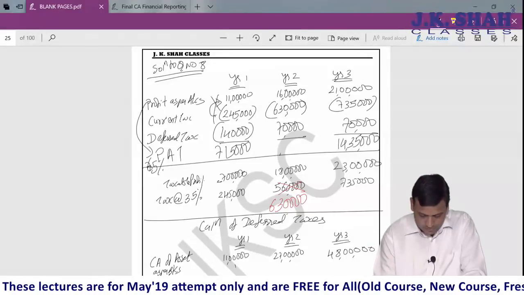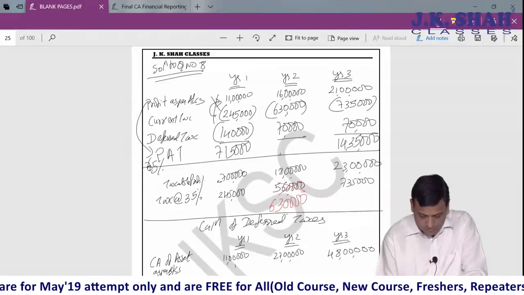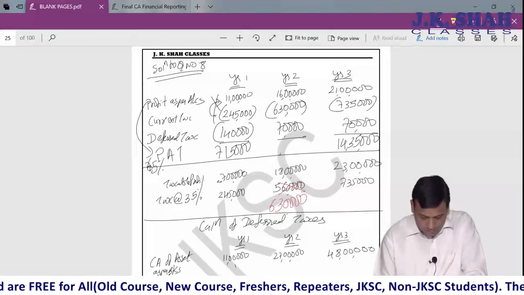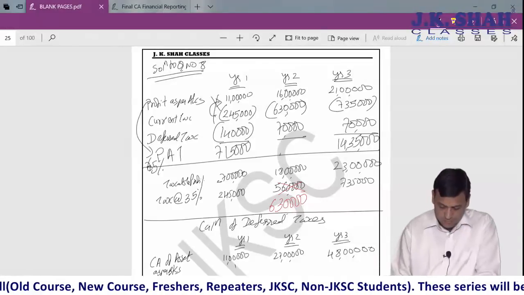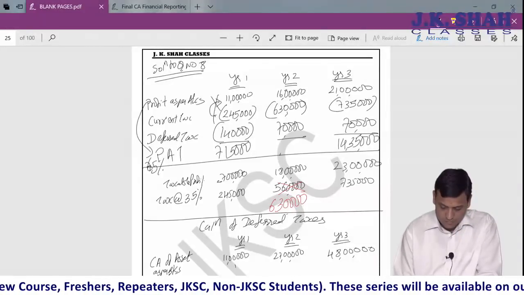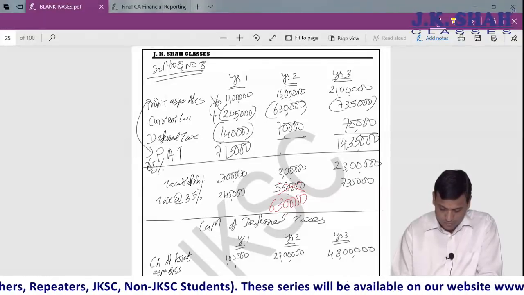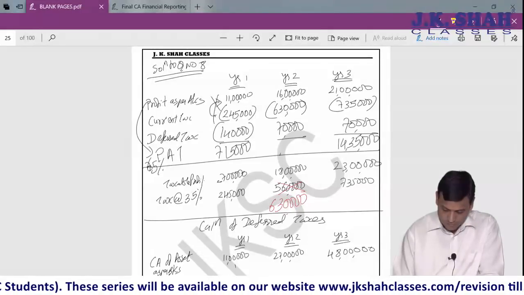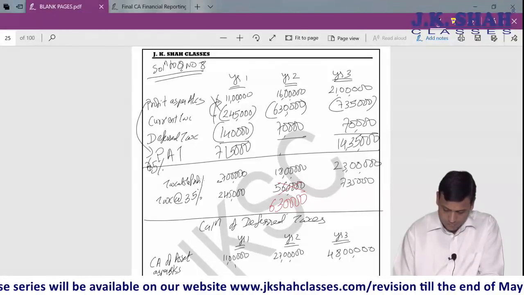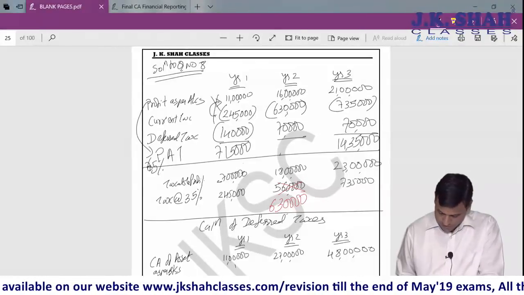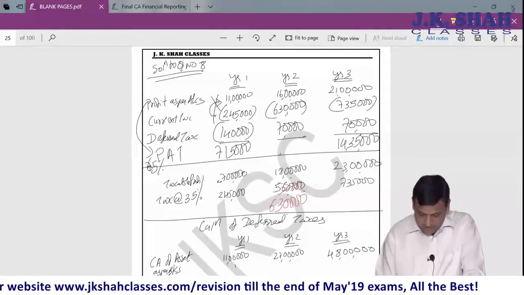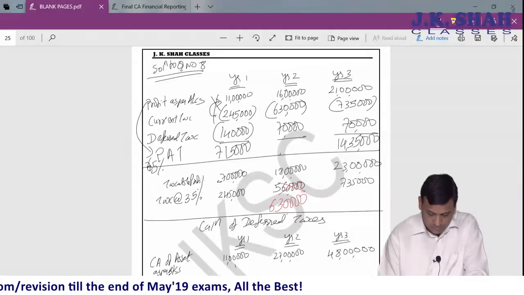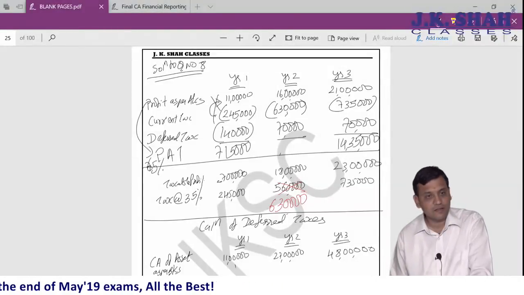I'll do it on the calculator. चलो. 7,15,000 बरोबर है. 16 lakhs का 65%, 1040 आ रहा है. हाँ तो परफेक्ट. 1040.